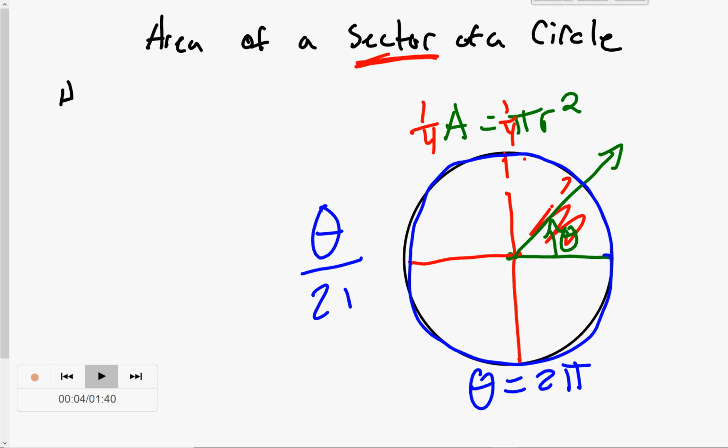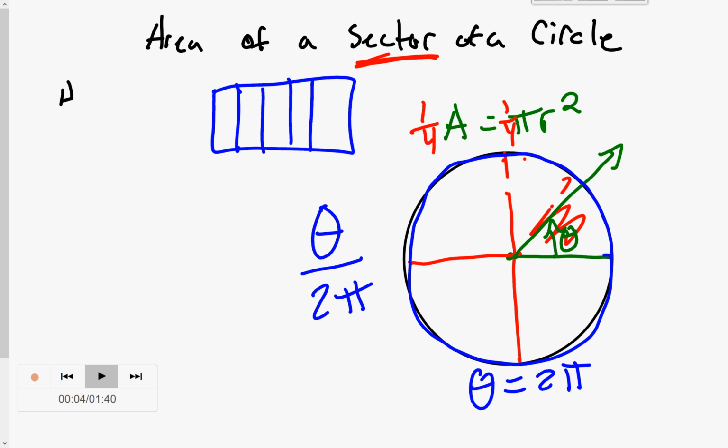That would give me a portion of it, right? If I have some kind of full and I want, say, a chocolate bar with so many slices and I only want to eat this one, that'd be 1 out of 1, 2, 3, 4, 5, 6, 1/6, right? Same thing here. If I just want a certain angle out of the full, then I would just take that angle divided by 2 pi.